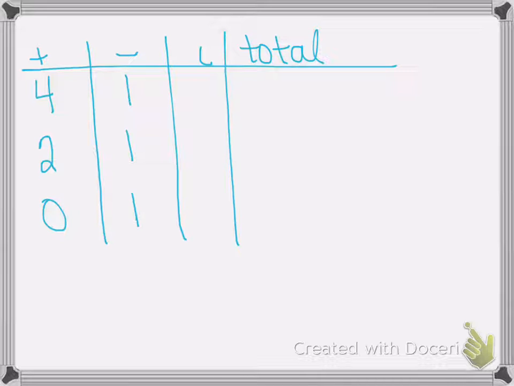Negatives, all I could have was 1. Total in each will be 5. So then I can kind of backtrack. If the first one's 4 positive, 1 negative, that means there's going to be 0 imaginary. The second one, if there's 2 positive and 1 negative, that means there's going to be 2 imaginary. And then the last one, if there's 0 positive and 1 negative, that means that there will be 4 imaginary.